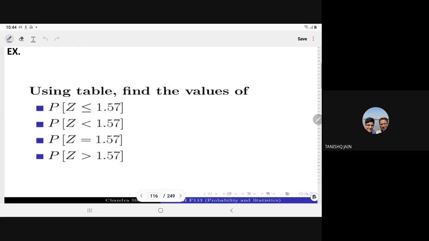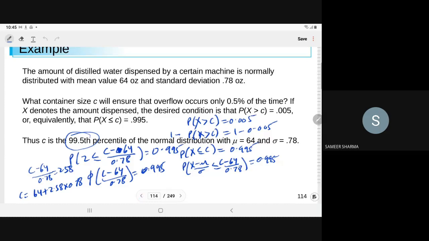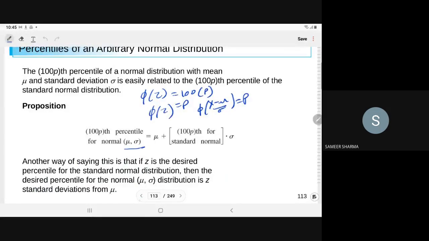Can you go 2 slides back? Means here we are writing mu plus Z of 0.005 into sigma.